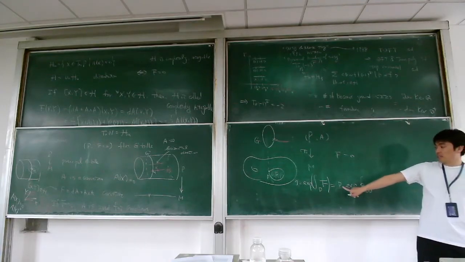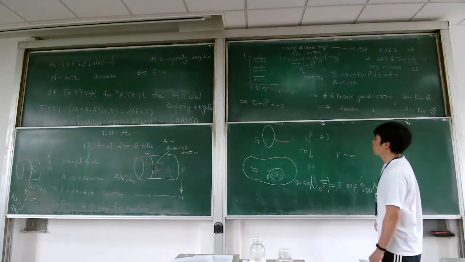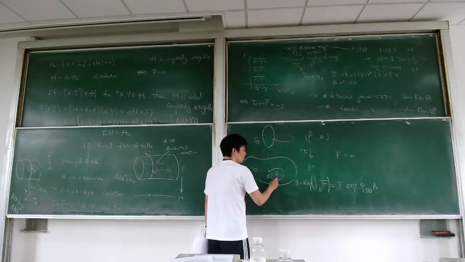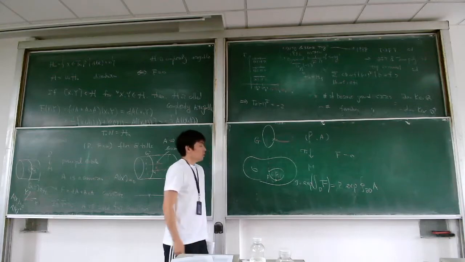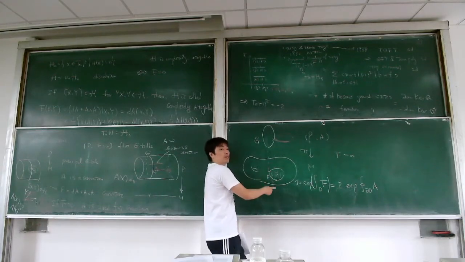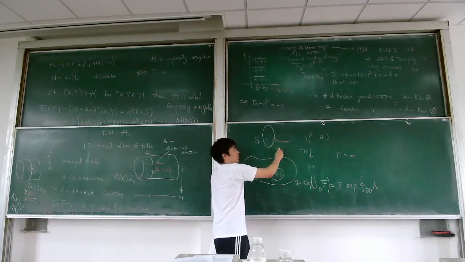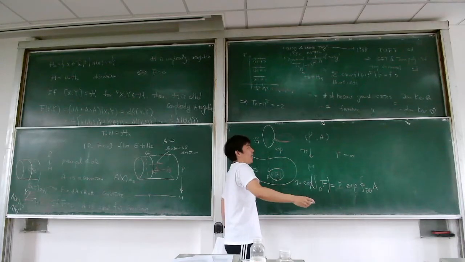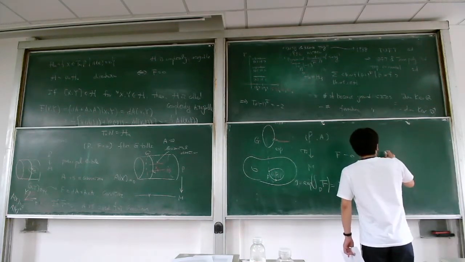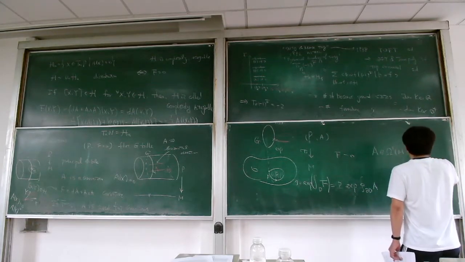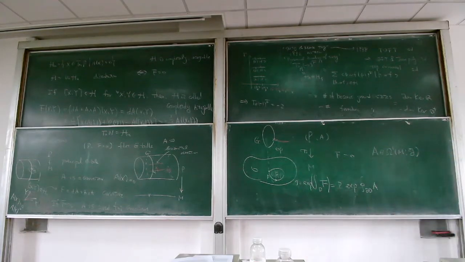If you look at the boundary and do the integration, A is a one form whose value is in the Lie algebra.